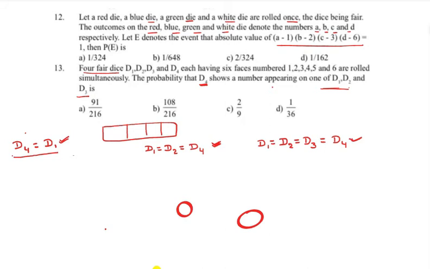So this is the first case. Now here D4 may coincide with D2, D4 may coincide with D3, right? Now here D1, D3 also may coincide, the other possibility, whereas here D2, D3 showing the same number, that is shown by D4. So this is the last.